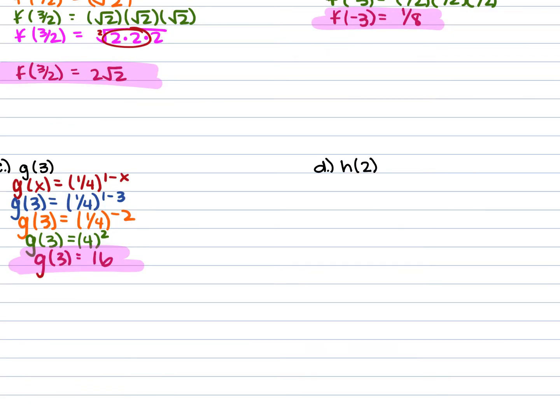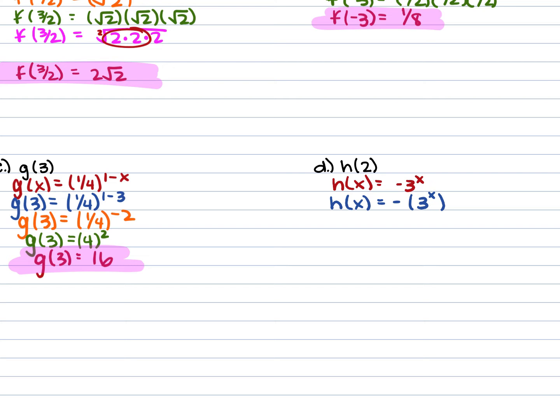For example D, we have h of 2. So we said prior that h of x is negative 3 to the power of x. If you want to rewrite this so that it makes it a little bit easier for you, this is the same exact thing as saying take the opposite of 3 to the power of x. That negative is not necessarily attached to the 3 because the parentheses is not around the negative 3.